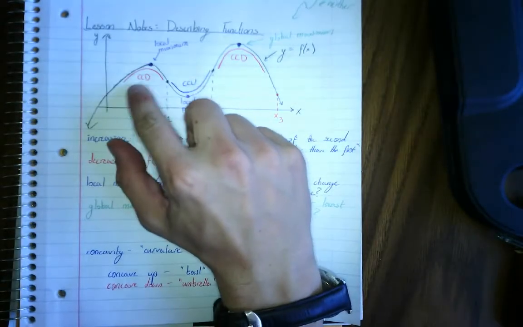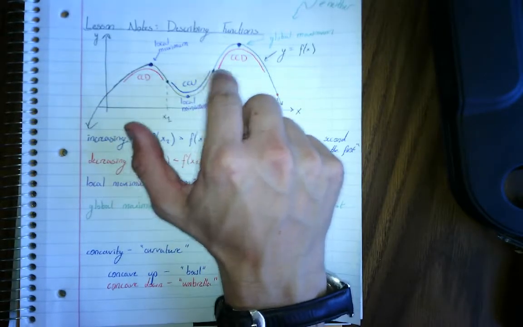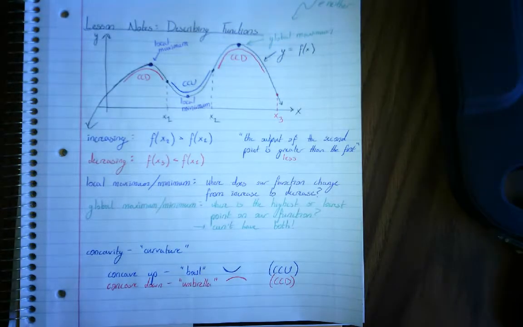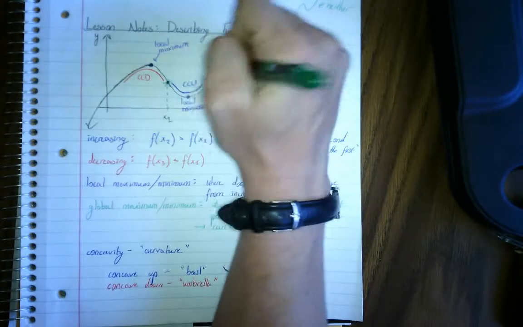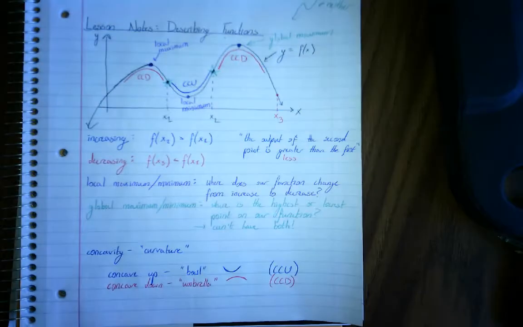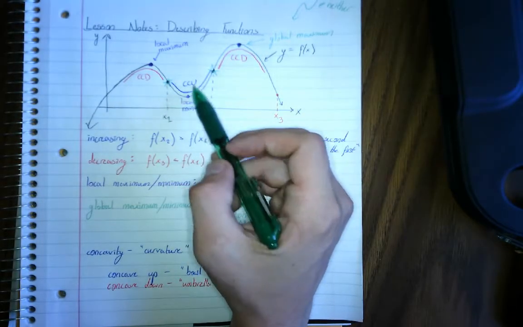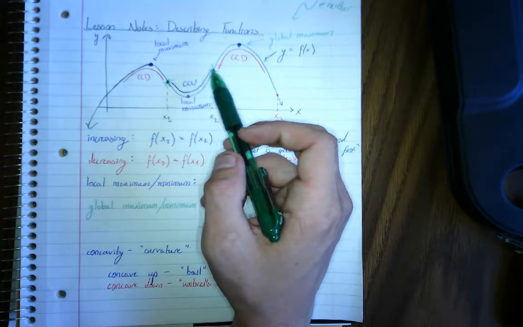So notice how we go from an umbrella to a bowl to an umbrella. Well, we have these specific points. Let's make them green. So we have these two points right here on our graph. And these two points are where we change from concave down to concave up.